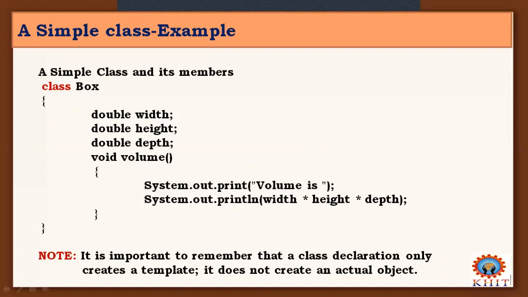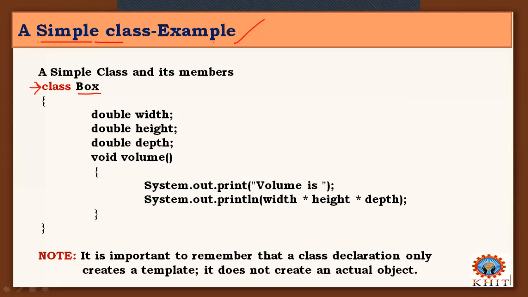Coming to a simple class example, I have taken one example from the textbook, The Complete Reference: the box example. Throughout this Java programming course, we will use this example in many concepts to understand them properly. Here I have defined a class Box.